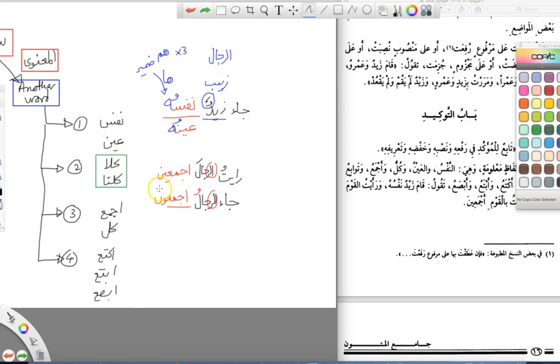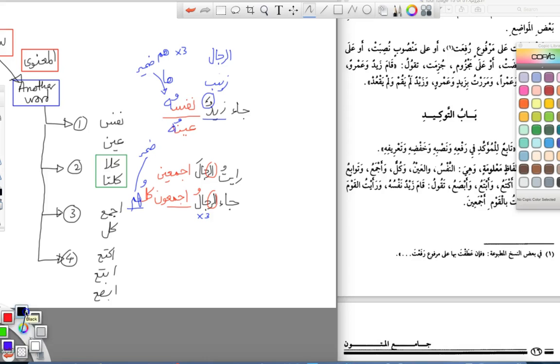Let me break this down: kul, and then you add a damir at the end. This damir has to conform with whatever's there. Rijal is plural, so hum is going to be plural as well. That's basically how that works.